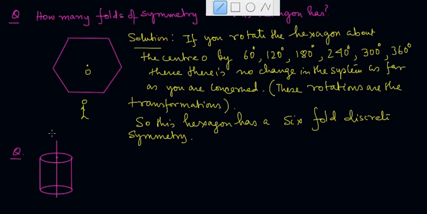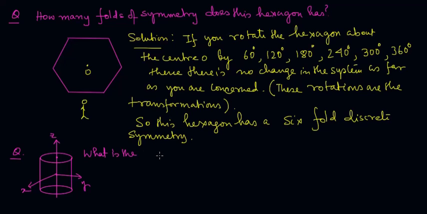Now suppose this is the z axis, and suppose this is one axis, this is x, this is y. Now if you are asked what is the symmetry about the axis of the cylinder.